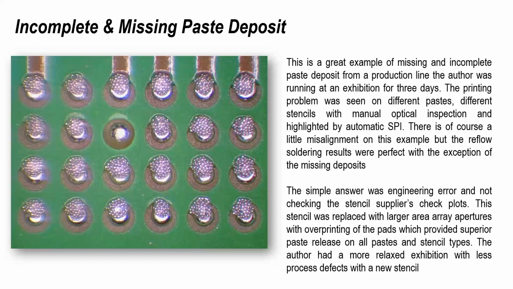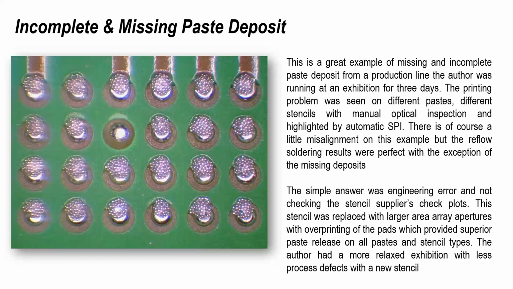So immediately on the first day of this exhibition that I was running these production lines, we noticed the problem. I contacted the stencil manufacturer, and day 2, there were 2 new stencils there, and all we did was open up the apertures. So we actually slightly overprinted the pads, and again, the print quality, consistency, and the yield was significantly improved.